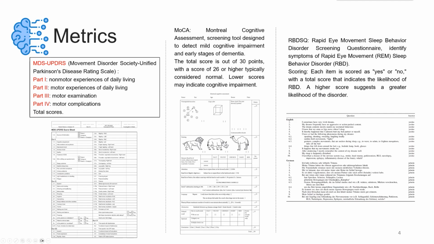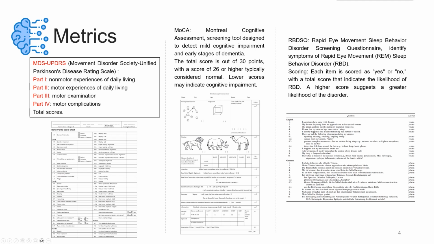The Hoehn and Yahr stages, introduced in 1967, track PD progression from mild to severe in 5 levels. A more recent scale, the Movement Disorder Society Unified Parkinson's Disease Rating Scale, looks at both motor and non-motor symptoms, providing a broader view.